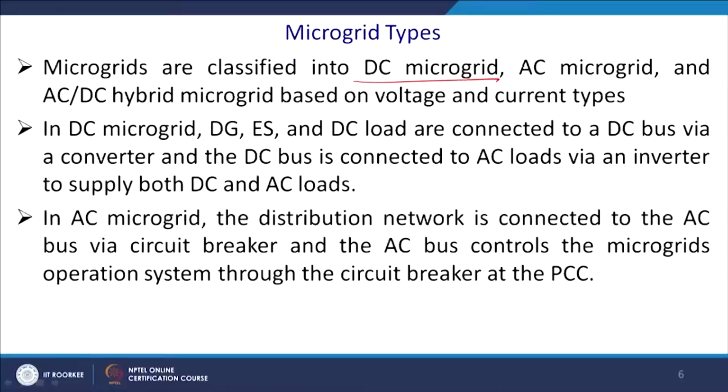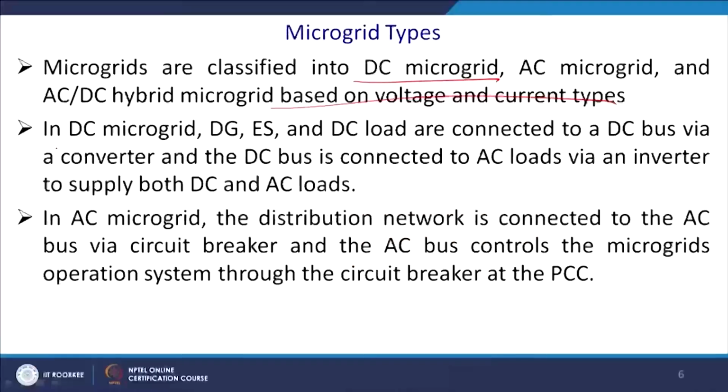Microgrids, we have already discussed those, again we are just recapitulating: DC microgrid, AC microgrid and AC-DC hybrid microgrid, based on their voltage and current types. Our discussion started from the microgrid, and we gradually talked more about the DC microgrid. Please understand, to understand this, first we need to understand the microgrid.